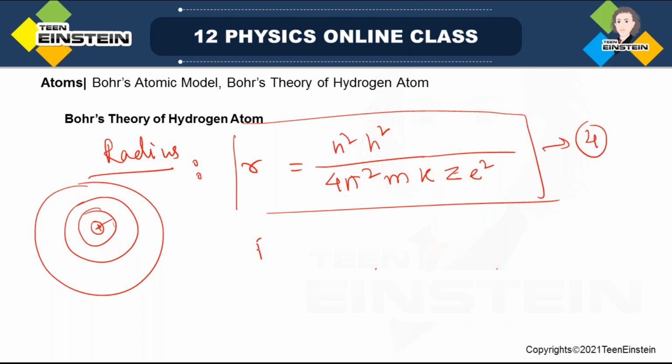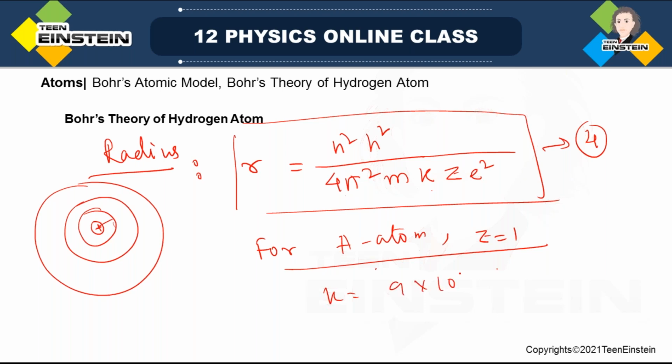If I take the hydrogen atom, what are the things known? Z is equal to 1 for the hydrogen atom, so this Z will go away. K has a value 9 × 10⁹, with proper units. e has a value 1.6 × 10⁻¹⁹ coulomb.